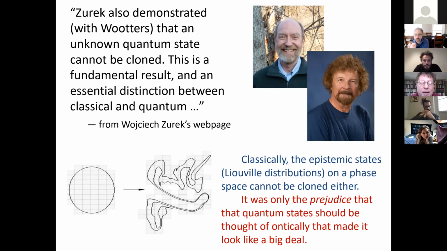What struck me that night was, indeed, you can clone states classically, you can clone the ontic states. But if you speak of the epistemic states, Liouville distributions on a phase space, then Hamiltonian mechanics will not let you clone them either. It was only a prejudice that quantum states should be thought of ontically that made it look like a big deal.